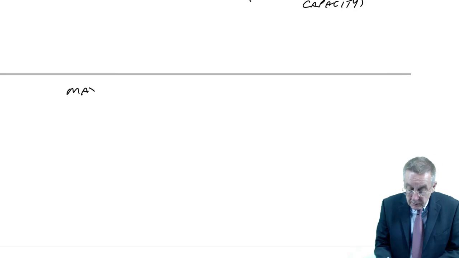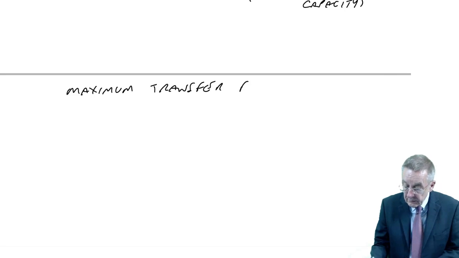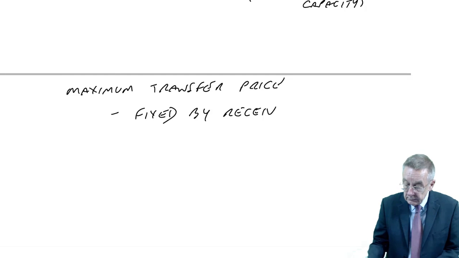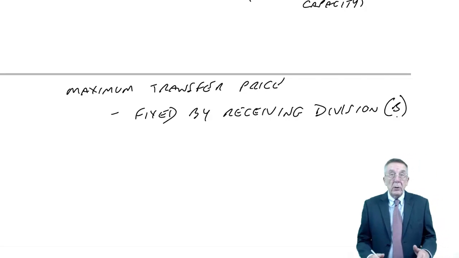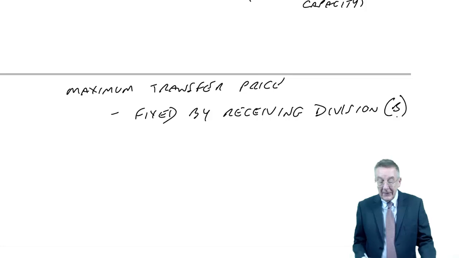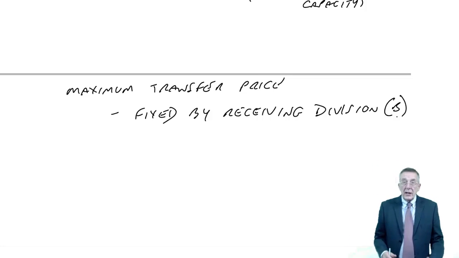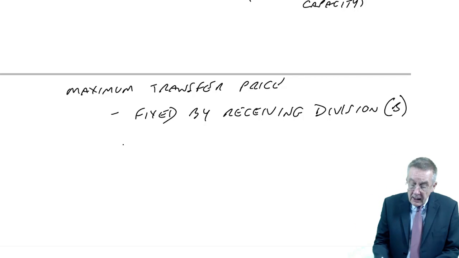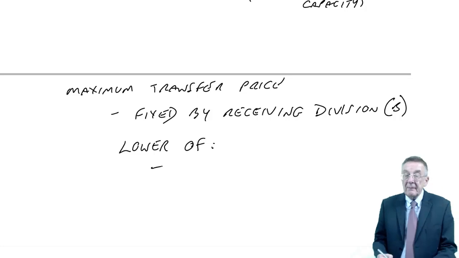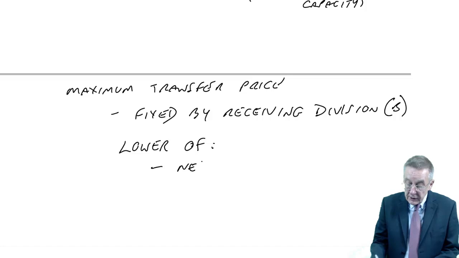The maximum transfer price is fixed by the receiving division, which in all my examples was B, but obviously they're what we called A and B in the exam. And the maximum transfer price, and look back to example 7 if you need to check you agree, it's always the lower of, firstly, the net marginal revenue.